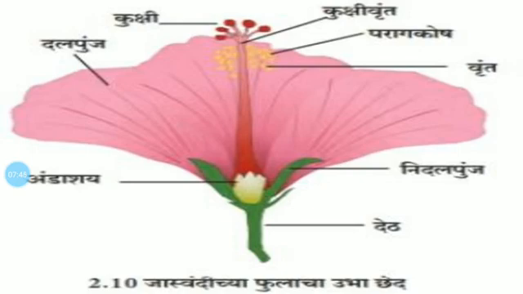See, that pollen grains from the anther spread or fall on the stigma. This process is called pollination. परागीभवन असं आपण त्याला म्हणतो. Due to pollination, ovules, egg cell in the ovary get fertilized. Fertilized ovule forms the seed and the ovary develops into a fruit.